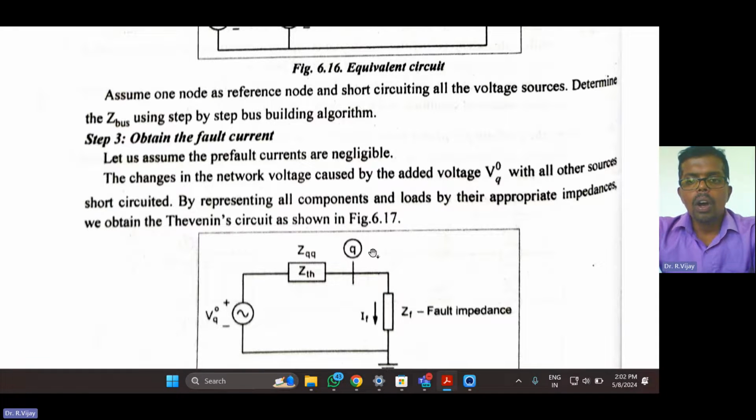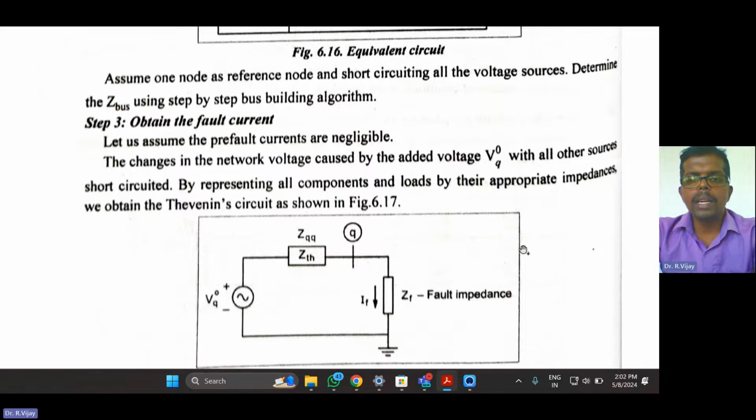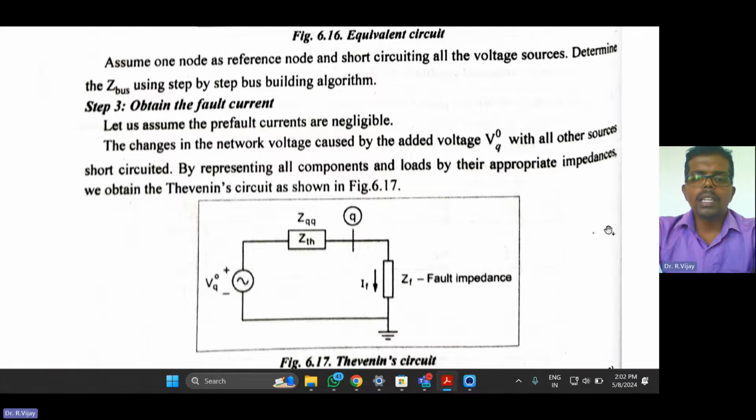And all the impedances we are converting into one impedance, that is Z Thevenin.